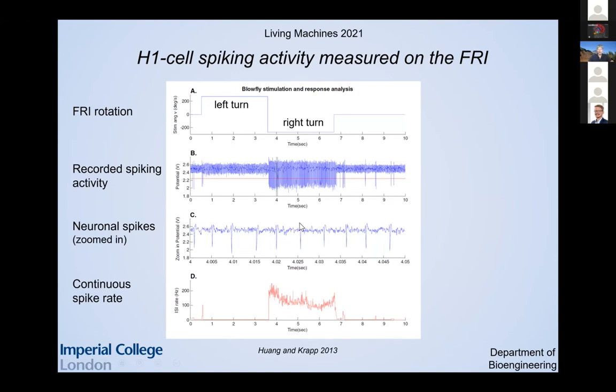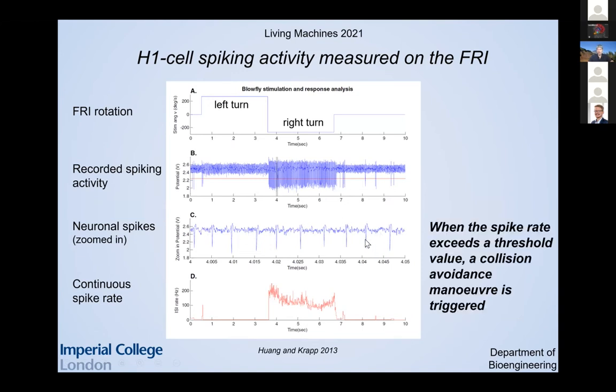This is just a zoomed in version that shows you individual action potentials, which can be separated and binarized in the system by onboard processing. And then it's converted into an instantaneous or continuous spike rate that is then used for the controls.